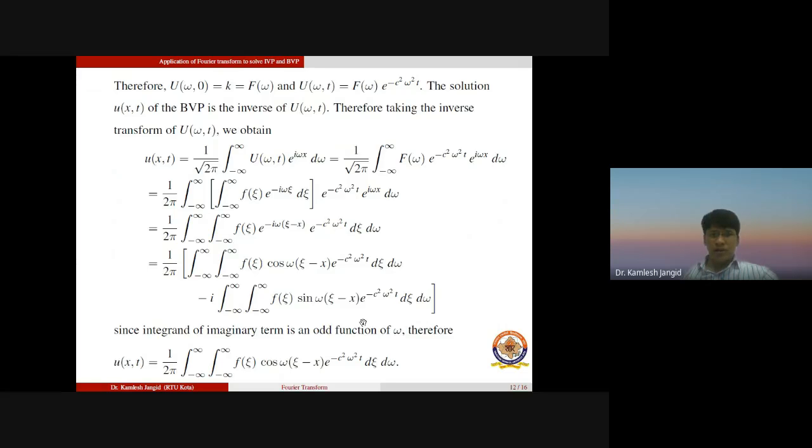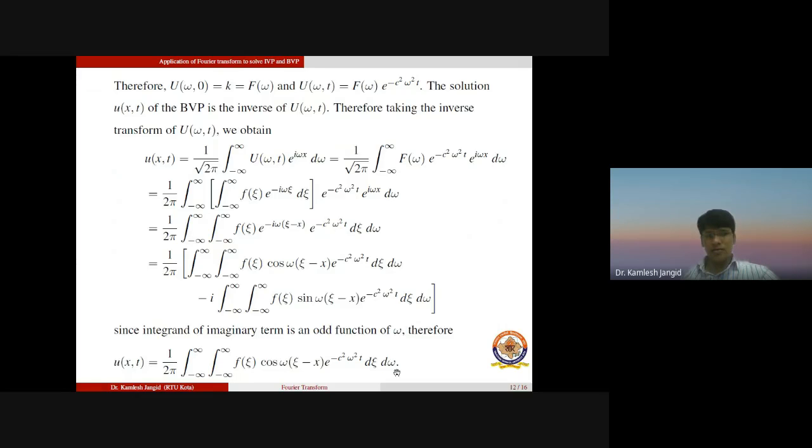So therefore, we are left with only the first term here. So therefore, the temperature distribution of the infinite bar is given by u(x, t) equals 1 upon 2π times the double integral over minus infinity to plus infinity of f(ξ) cos(ω(ξ−x)) e^(−c²ω²t) dξ dω.